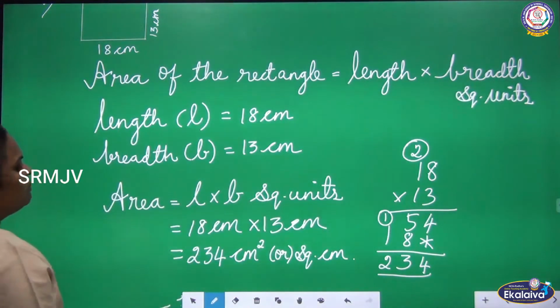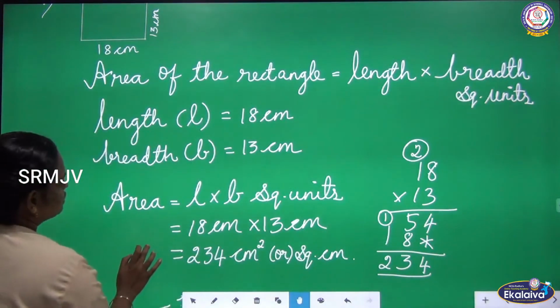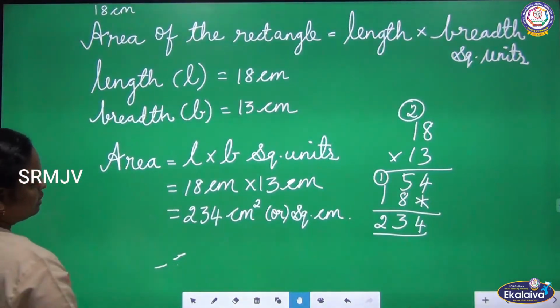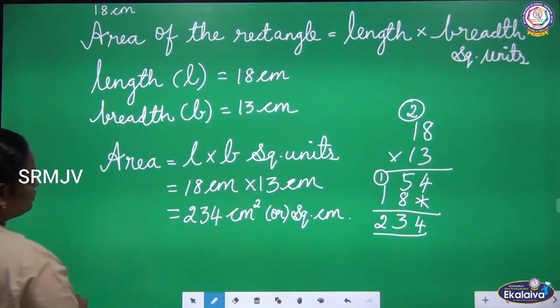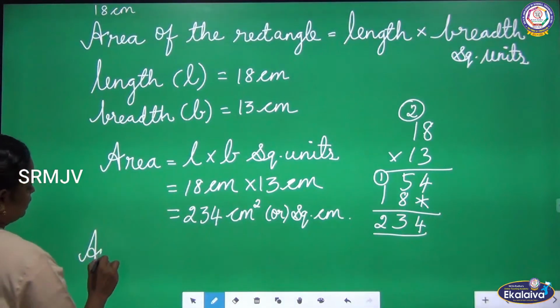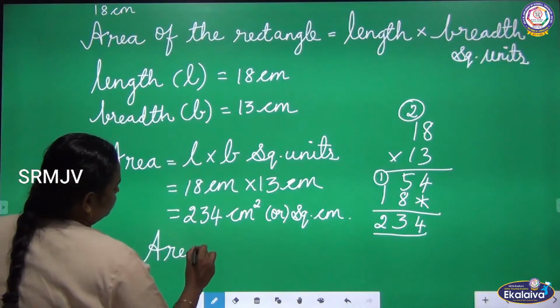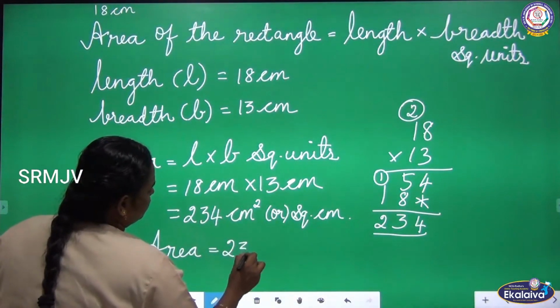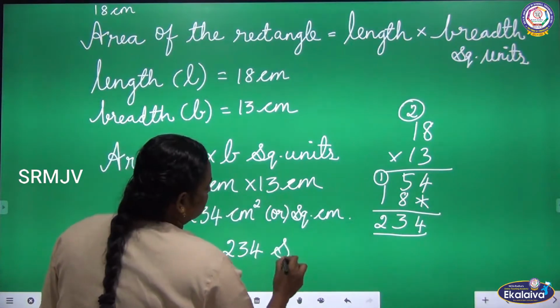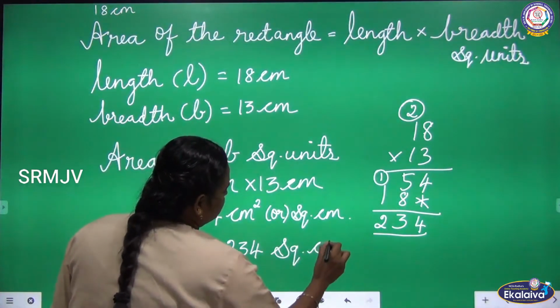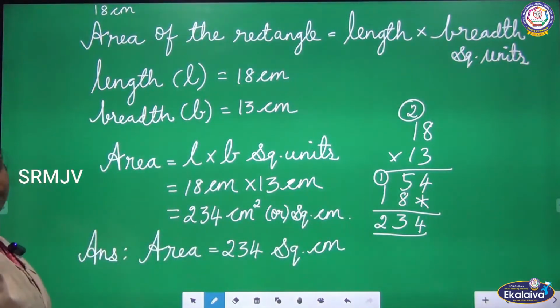So what is the area? The answer: area equals 234 square centimeter. Shall we go for the next one?